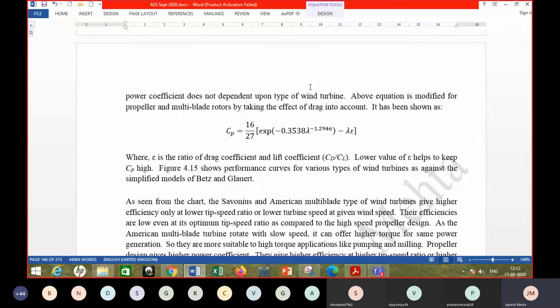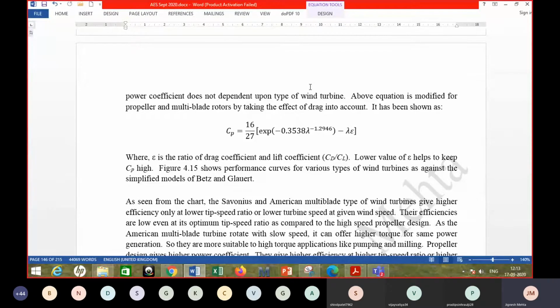So in real turbines, there is presence of the drag force also, which reduces the efficiency or the coefficient of power further. So the another equation, which is a modification of the previous equation, has the term minus lambda into epsilon.